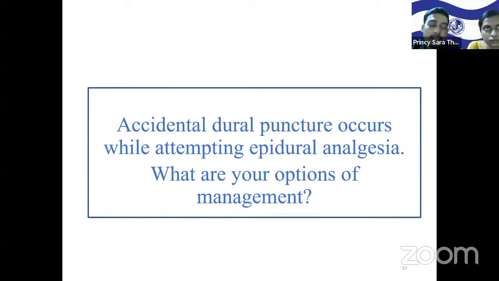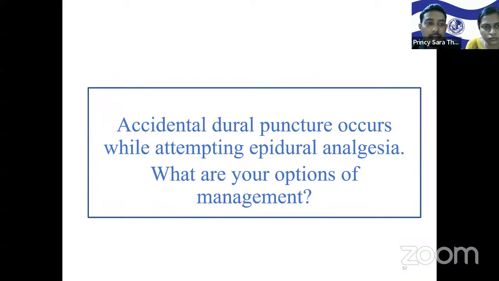If this accidental dural puncture occurs in advanced stage of labor, a single shot spinal can be given, with 0.5 ml of hyperbaric bupivacaine, which will be 2.5 milligram, and with opioid of 20 mcg fentanyl, and the analgesia will last for 1.5 hours or more.